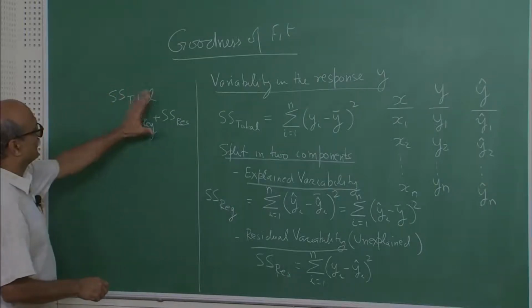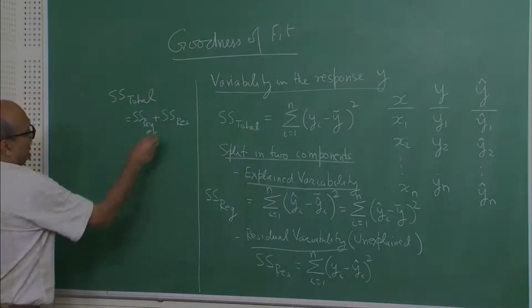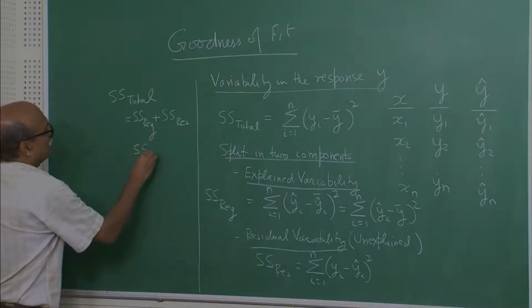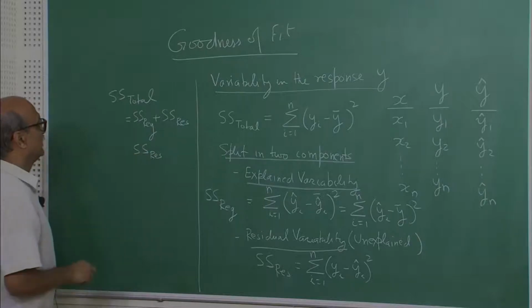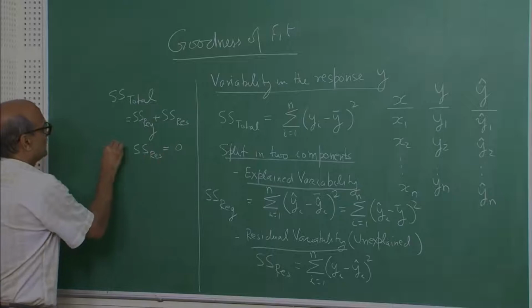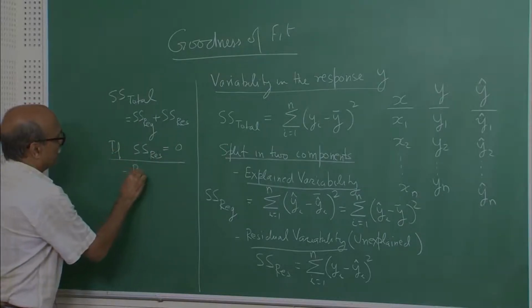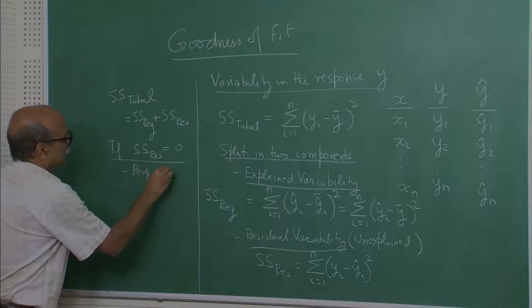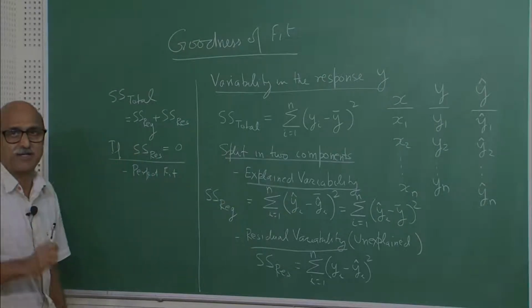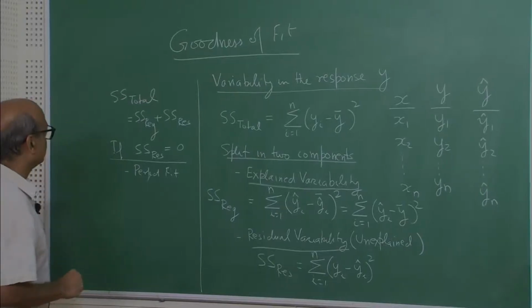Now, what does all of this mean? Well, if my residual variability SS residual is equal to 0, then I have a perfect fit, which means the straight line passes through all the points exactly.